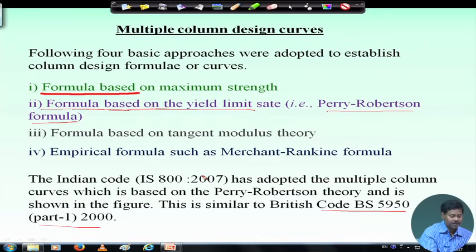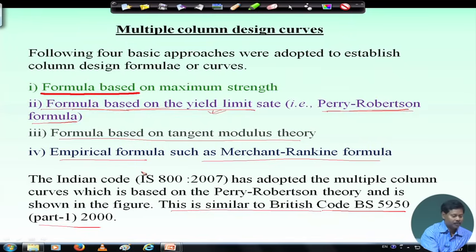The formula which has been derived is similar to the British code, and the formula was proposed by Perry-Robertson. We will discuss this in detail. Another two formulae are also adopted to establish the column design formula, that is the formula based on tangent modulus theory and empirical formulae such as the Merchant-Rankine formula.